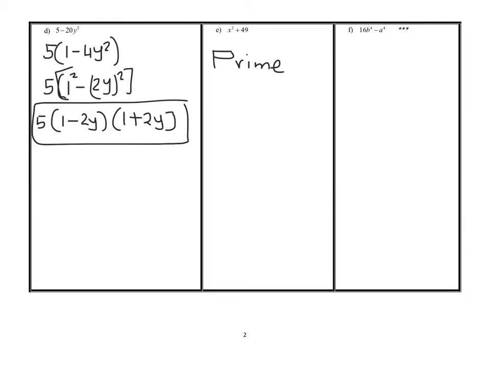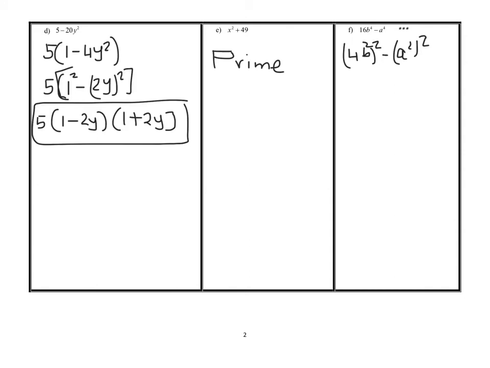So this one, the only thing I see is a difference. Maybe I can write this one. This is the same as 4b squared, squared. Because when I open it, I'll get the same answer. And then this is a squared in parentheses squared.